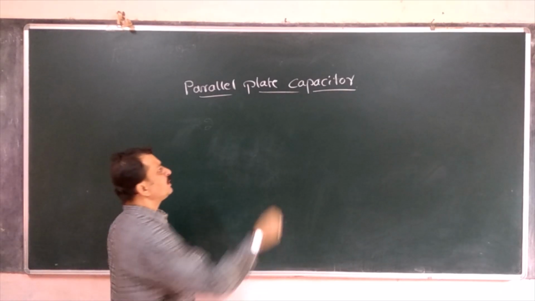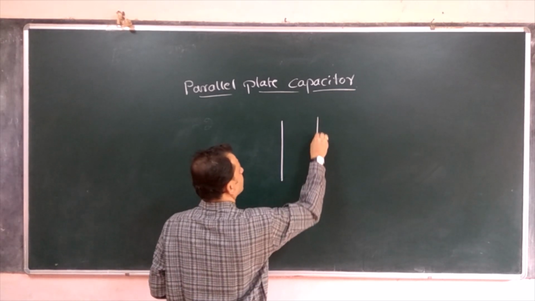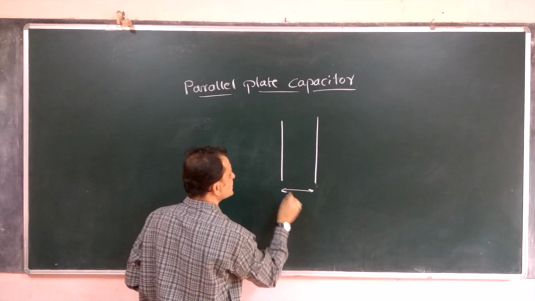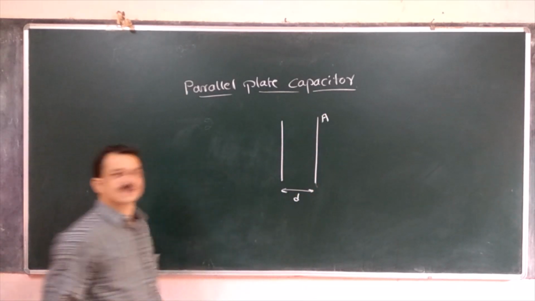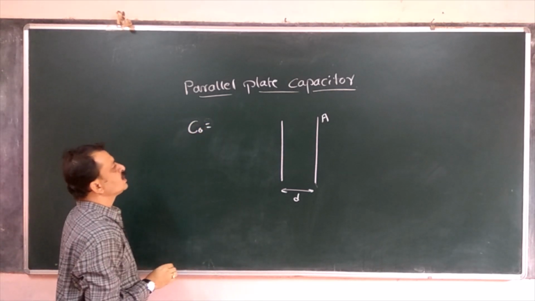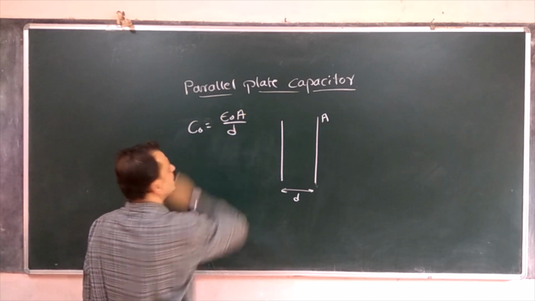In the case of a parallel plate capacitor, if the distance between the two plates is d and the area of cross section of each plate is A, then the capacitance we have already studied is given by C naught is equal to epsilon naught A by d.